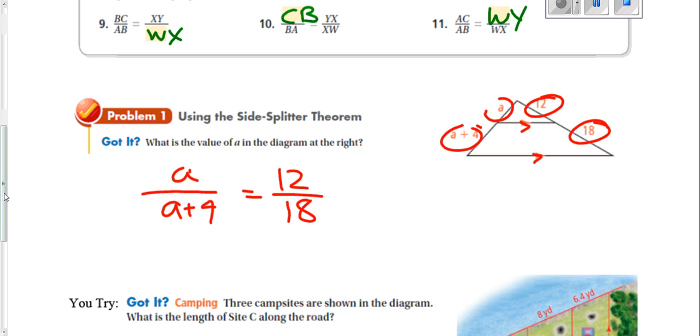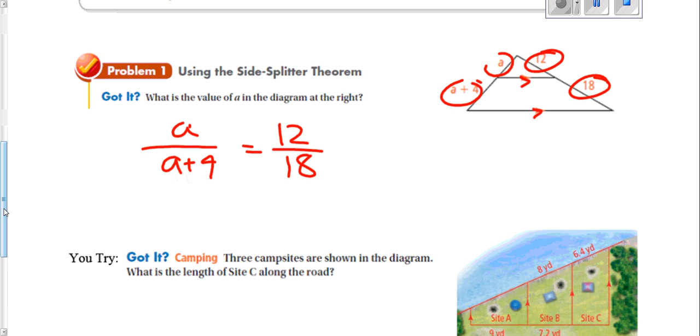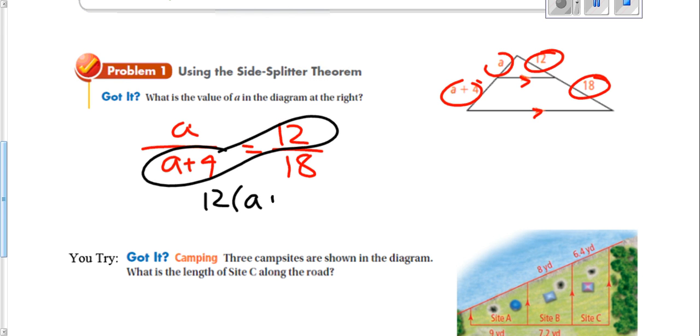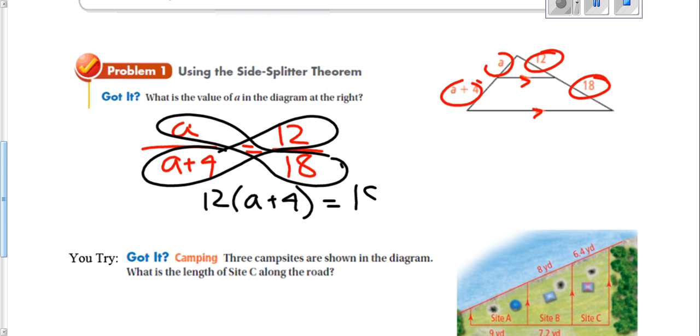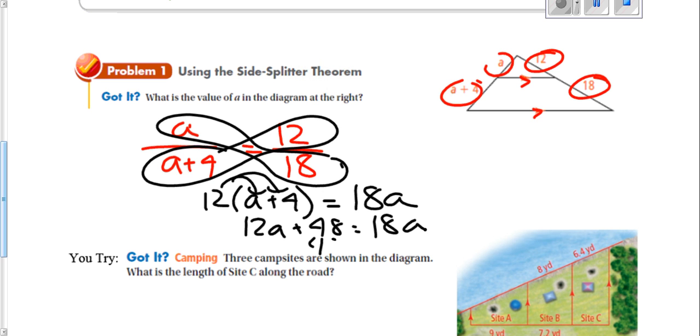And now I will cross multiply to solve. 12 times A plus 4, 18 times A. I get 12A plus 48 equals 18A. I subtract 12A on both sides, I get 6A. If I divide by 6, I get 8. So A is equal to 8. Okay?